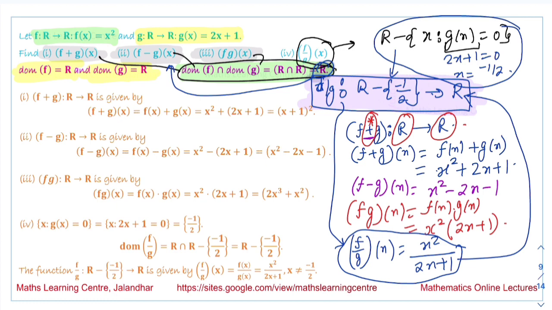It means the denominator is not equal to 0, so we cannot put the value of x for which x is equal to minus 1 by 2.